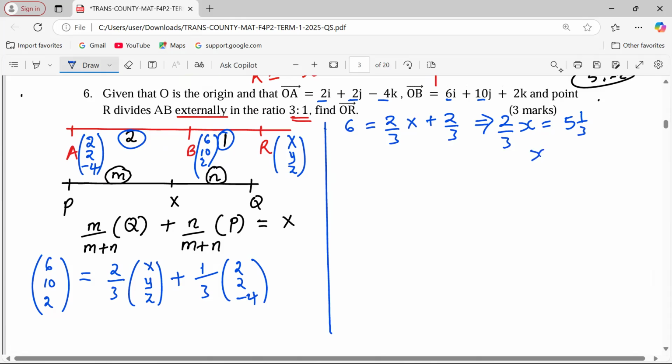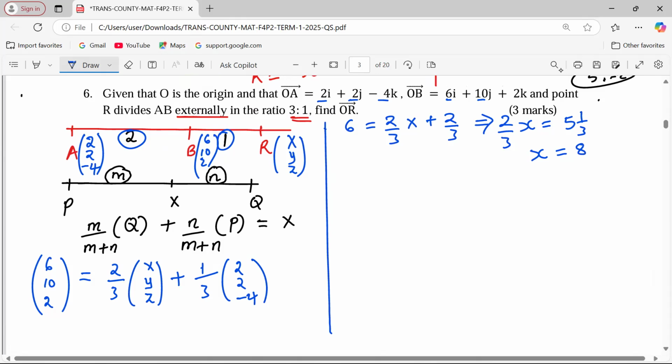And for us to remain with X, we divide 5 1/3 by 2/3, or simply times 3/2. Yeah, times 3/2, we get 8. Times 3/2, so that we do away with the coefficient of X, both sides.